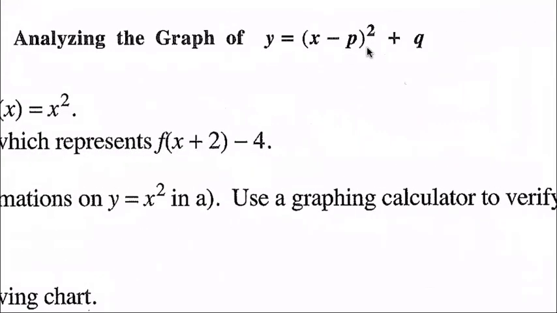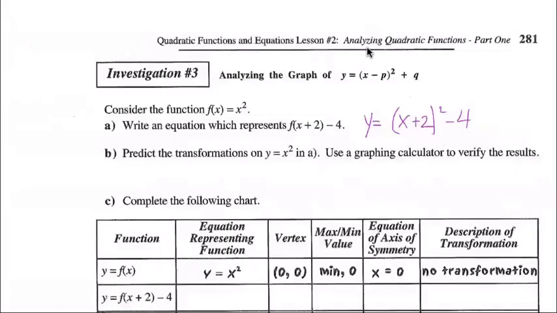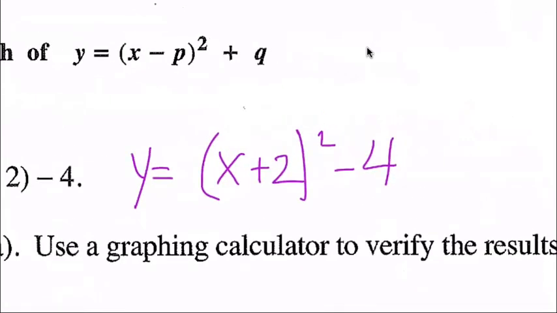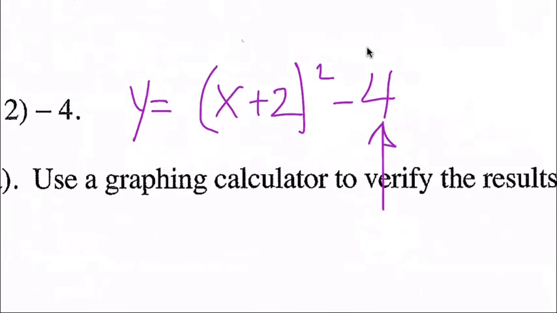That equation is going to be, I'm going to go to purple, y equals bracket x plus 2 squared minus 4. Predict the transformations. Use a graphing calculator to verify. So what's going to happen with this graph? This graph is going to move 4 units down.